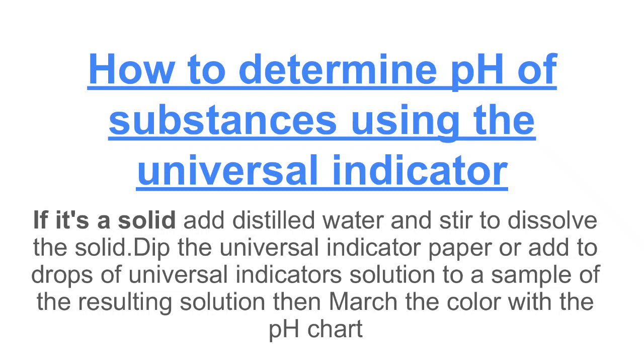If it is the solution, then you put a few drops into your sample. Then you check the color change. Then you check it against a pH scale and see what the pH reads. And that will tell you whether your solid is a weak acid or base or a strong acid or base.